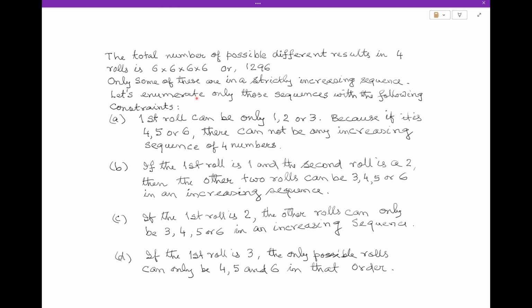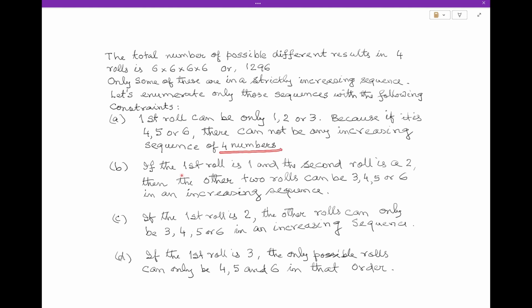Only some of these are in a strictly increasing sequence. Let us enumerate only those sequences with the following constraints. The first roll can only be one of 1, 2, or 3, because if it is 4, 5, or 6, there cannot be any increasing sequence of 4 numbers.